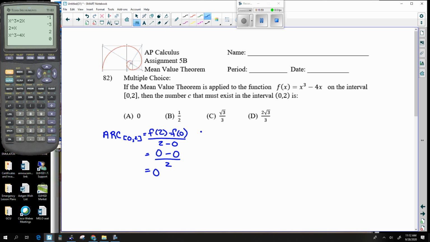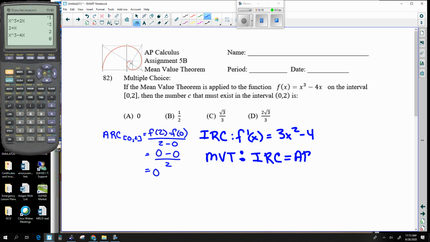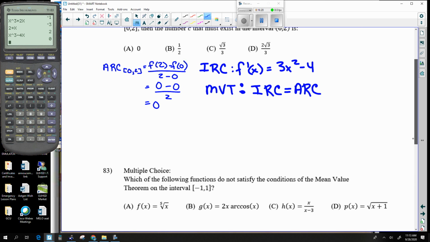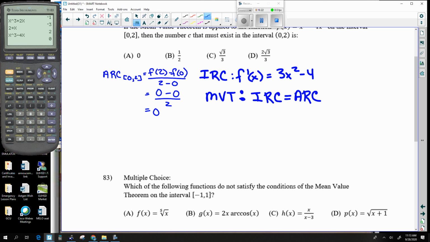Okay, so the instantaneous rate of change is the derivative. And so that's 3x squared minus 4. So thus the mean value theorem says instantaneous is equal to the average. Tangent is equal to the secant. So 3x squared minus 4 is equal to 0.